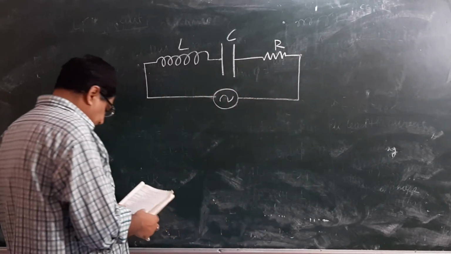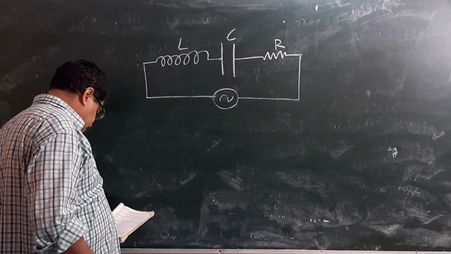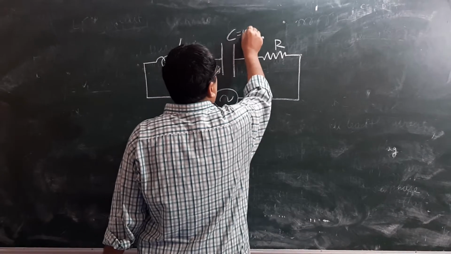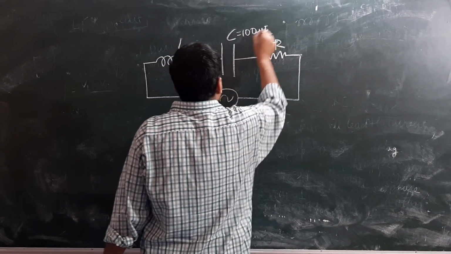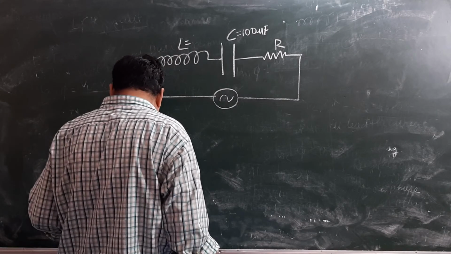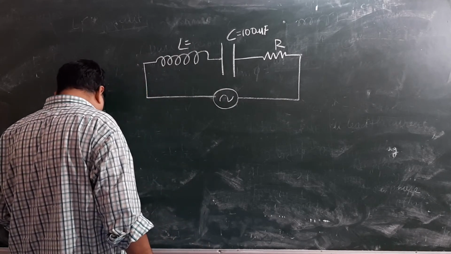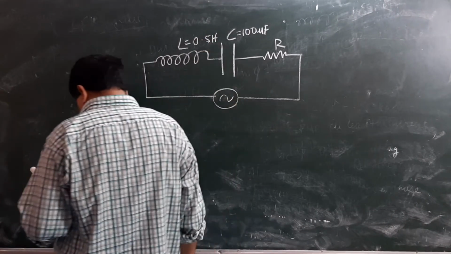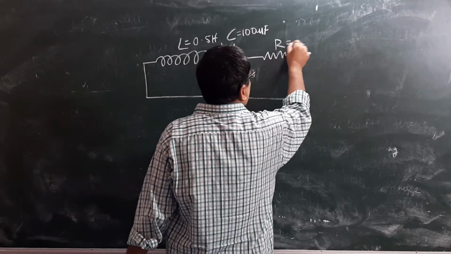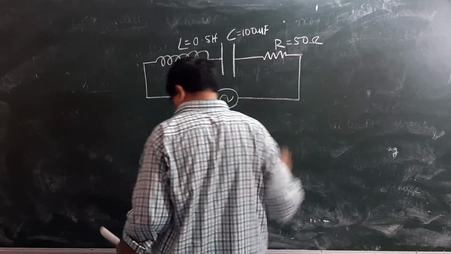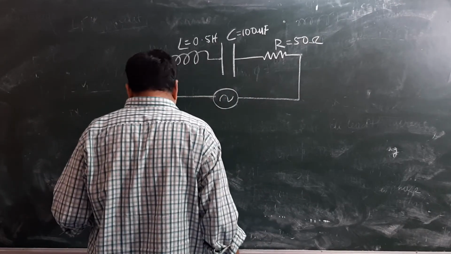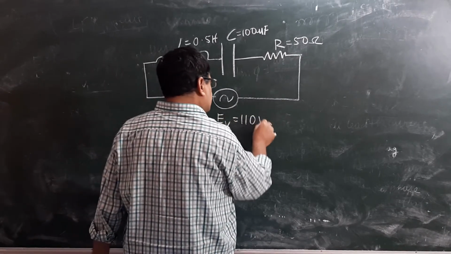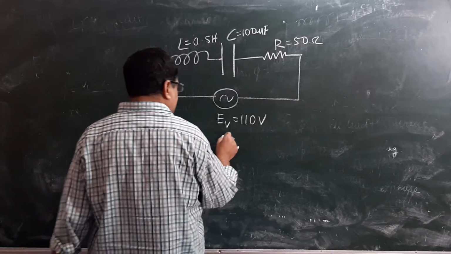Now according to the question, the value of C is equal to 100 microfarad, the value of L is given as 0.5 Henry, and the value of R is given as 50 ohm. Further, it has been stated that this generates a virtual EMF of 110 volt, and the frequency is given as 50 Hertz.